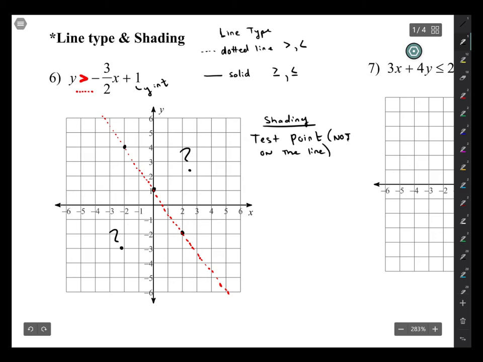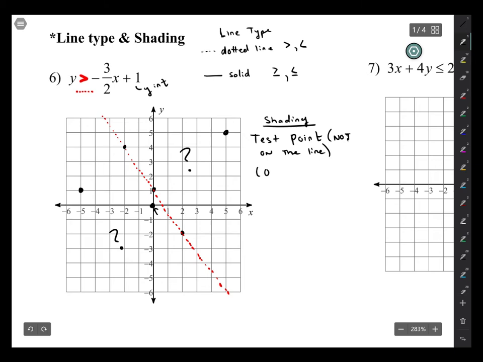So when I say test a point, you could test this one, you could test this one, anything that's not on the formal line of our equation. Usually the easiest point, as long as it's not on your line, is 0, 0. Always try that one out.